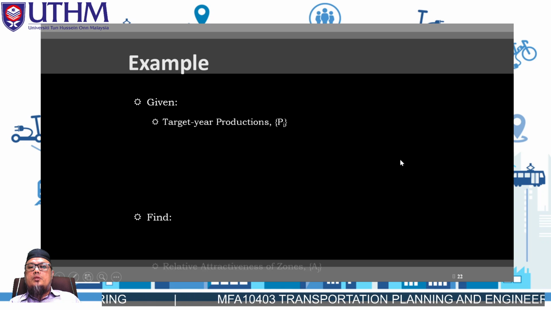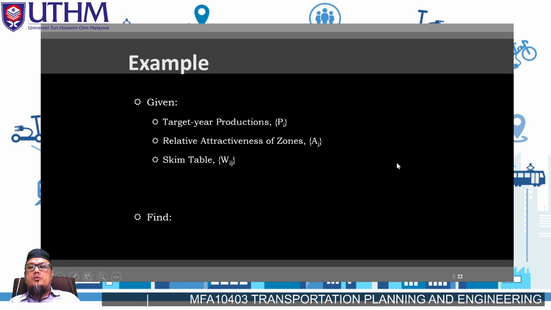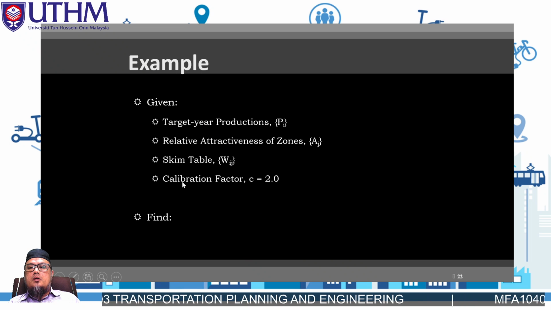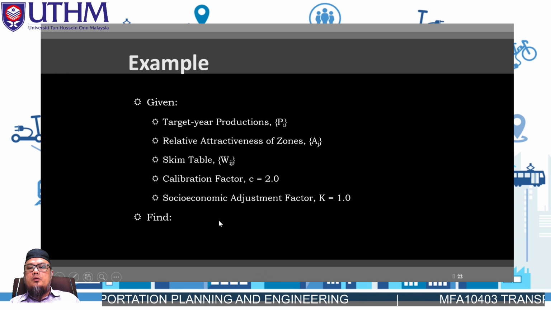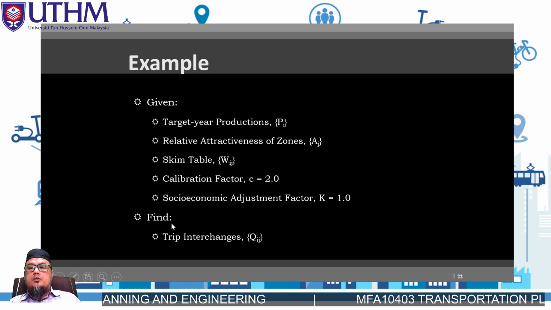So let's move to this example. Given target year productions, relative attractiveness of zones and the skim table, and they give a calibration factor C of 2.0 and a socioeconomic factor K of 1. The question is to calculate the trip interchange, which is Qij.